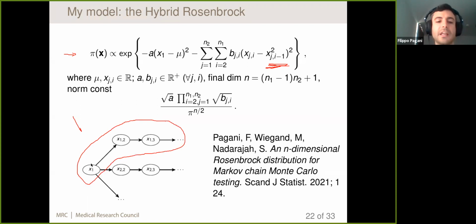Each block is connected within itself, but the blocks are also connected to each other through their connection with the first variable. And this is the paper where we describe the model, which was recently published.